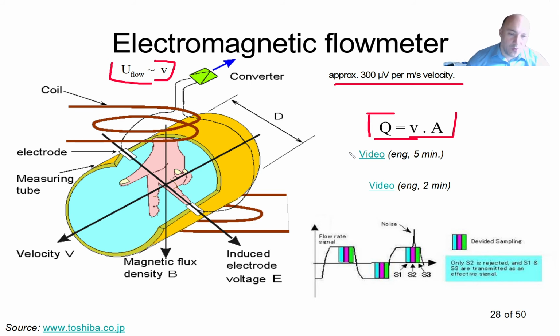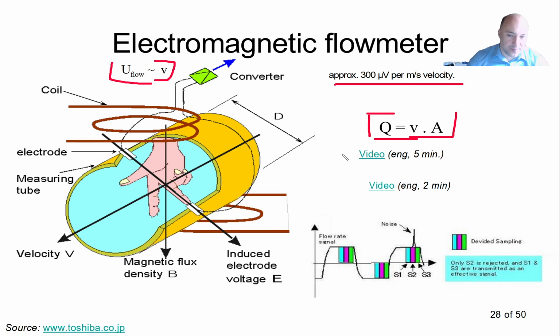For 1 meter per second of velocity in a pipe, we will get about 300 microvolts. So the voltage is fairly small. It's definitely not like a generator that could power something, but we can use it to measure the flow rate in a pipe.